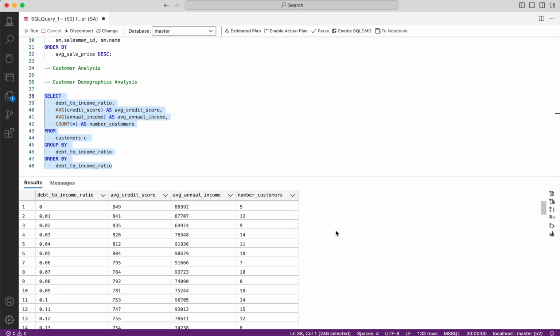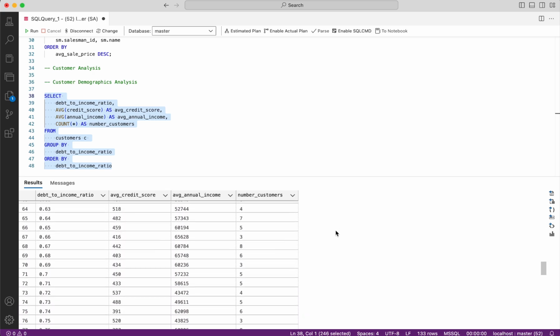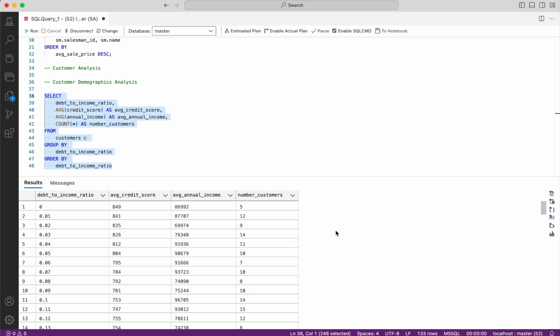So in terms of key insights, let's talk about financial health and DTI, meaning debt to income ratio, as we said. We can see that generally speaking, credit scores tend to decline as the debt to income ratio increases.